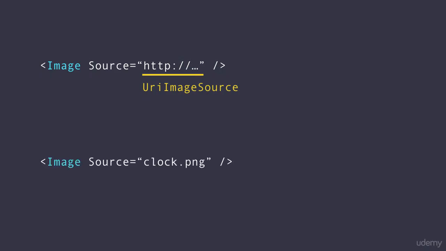And in this lecture, I told you that there is also an implicit conversion from a string to a FileImageSource. So how does that work? How does Xamarin Forms know how to parse a string? Well, if that string starts with http, it will parse it into a UriImageSource. Otherwise, it's going to be a FileImageSource, which means a local file in each application project.